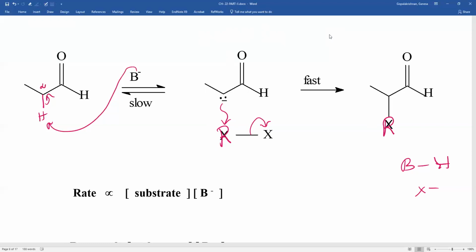This is the rate determining step. So the rate of the reaction depends on the reagents involved in it, aldehyde and the base, their concentrations. I use the word substrate. You can have aldehyde or you can have some ketones. They are substrates, the starting ones.